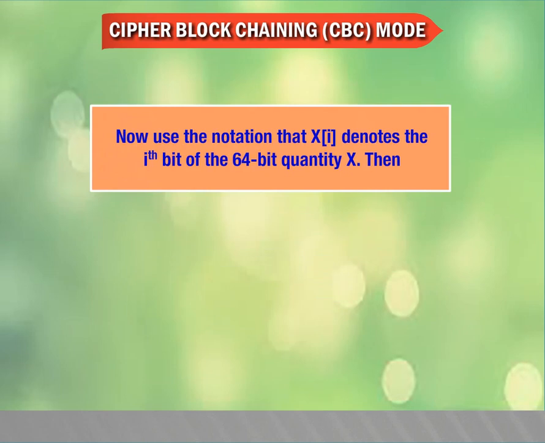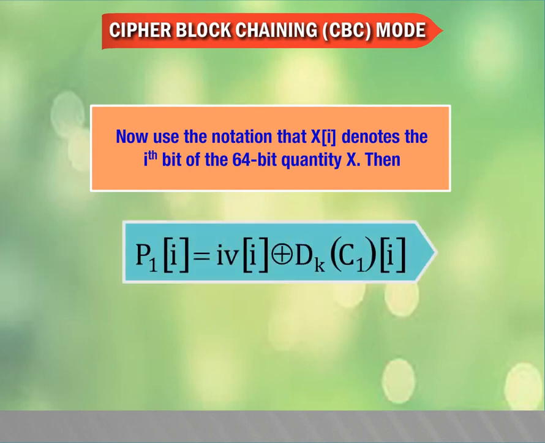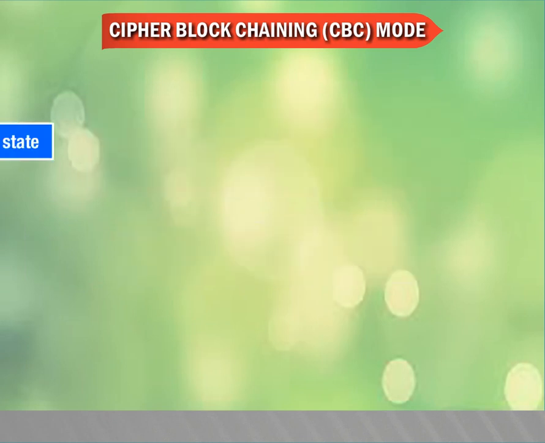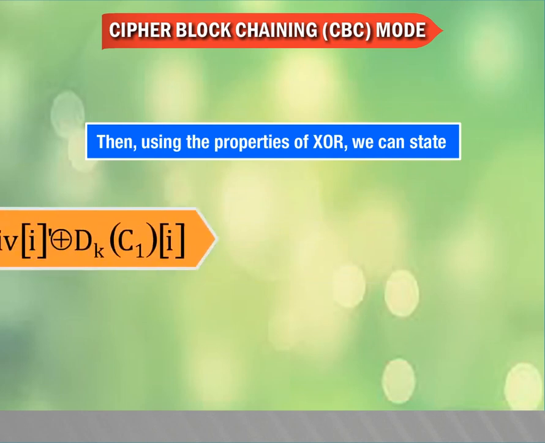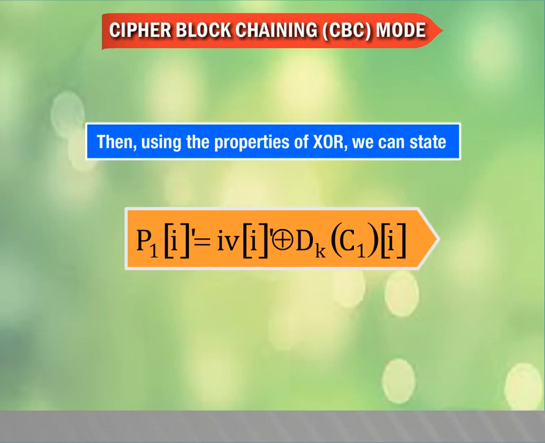Now use the notation that X(i) denotes the ith bit of the 64-bit quantity X. Then P1(i) is equal to IV(i) XOR Dk of C1(i). Then, using the properties of XOR, we can state P1(i)' is equal to IV(i)' XOR Dk of C1(i).